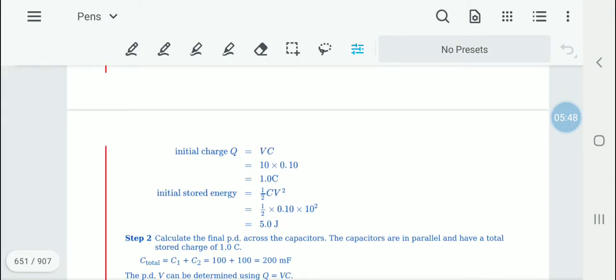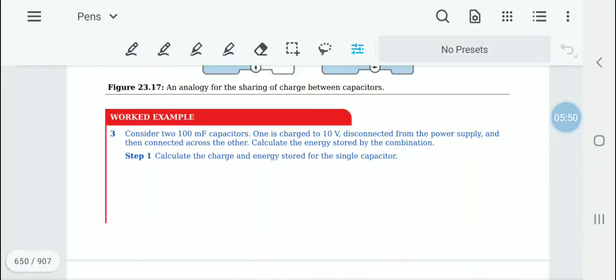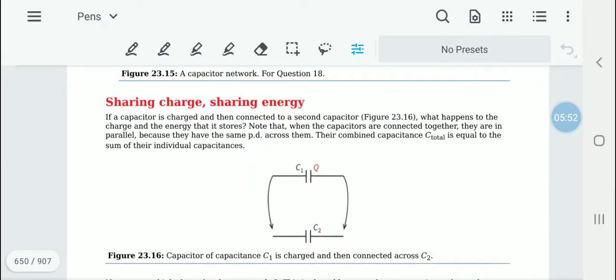Right, then let's go to sharing charge and sharing energy. If a capacitor is charged, and we connect it to a second capacitor, what is going to happen?